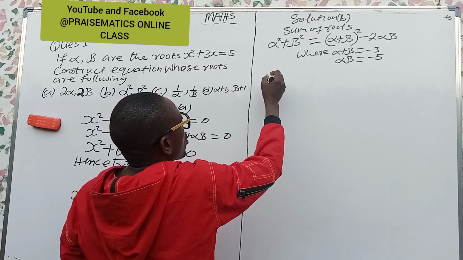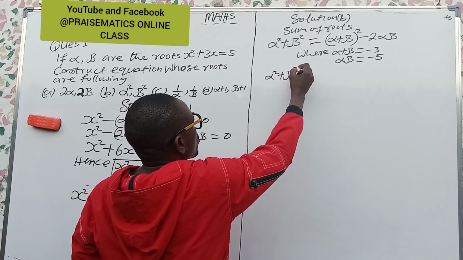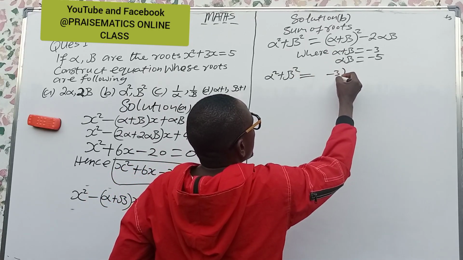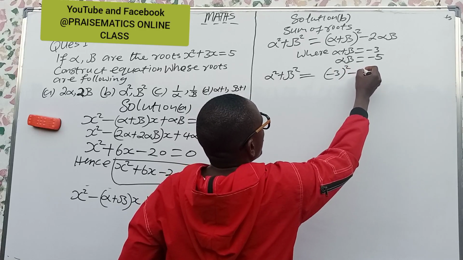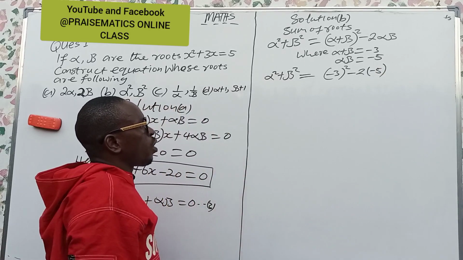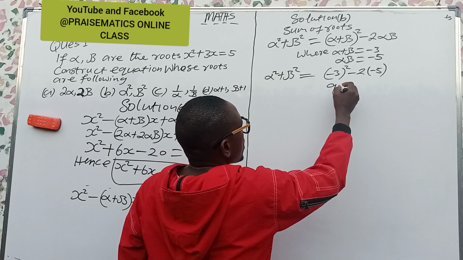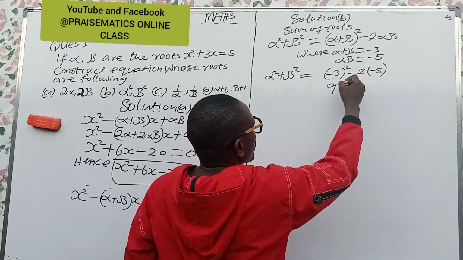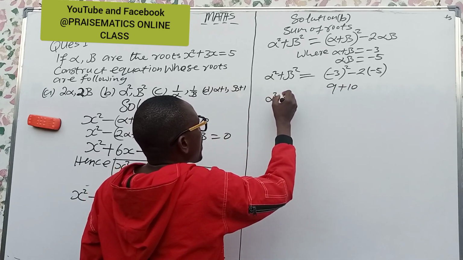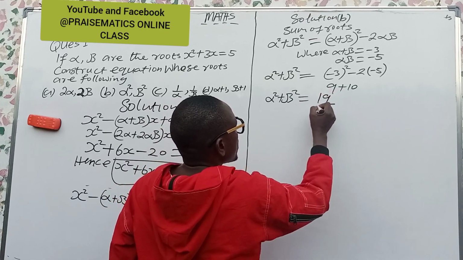So alpha square plus beta square is equal to minus 3 raised to the power of 2 minus 2 into minus 5. Minus 3 times minus 3 will give us 9, and minus times minus will give us 10. So our alpha square plus beta square is equal to 19.